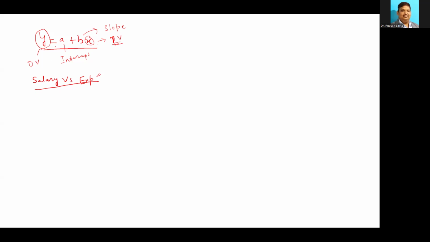So how to understand this y equal to a plus bx? Let me draw this graph. Suppose this is the salary on the y axis and experience on the x axis. If anybody does not have any experience, do you think they will work for zero salary?